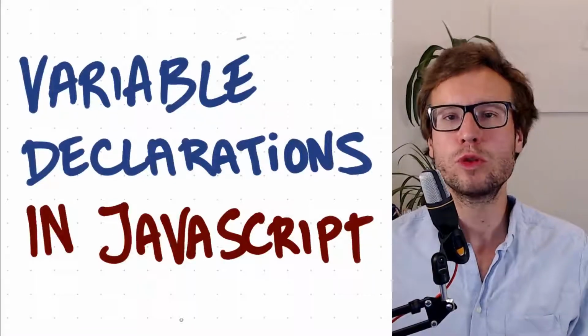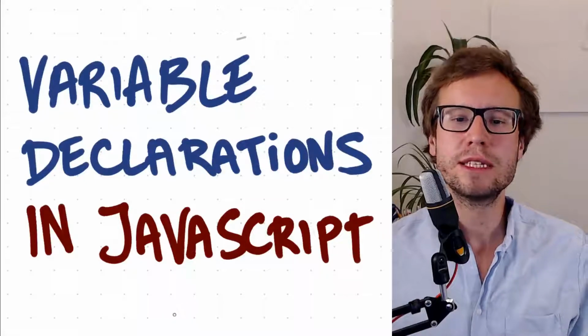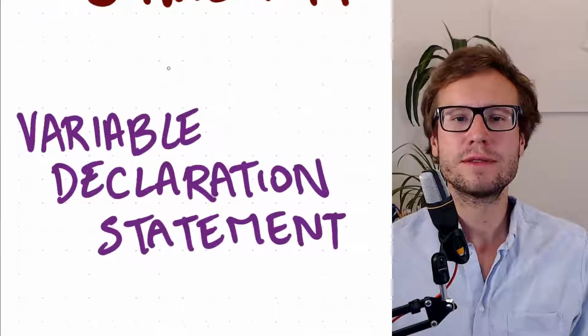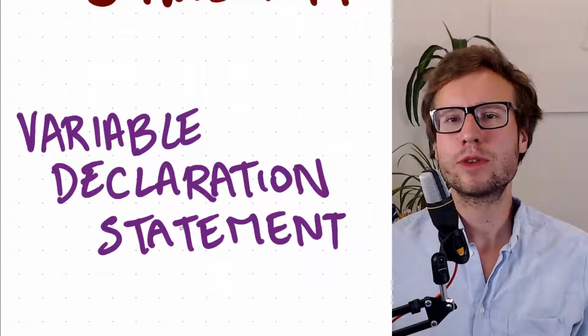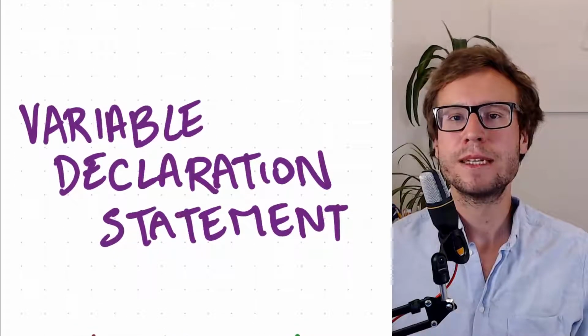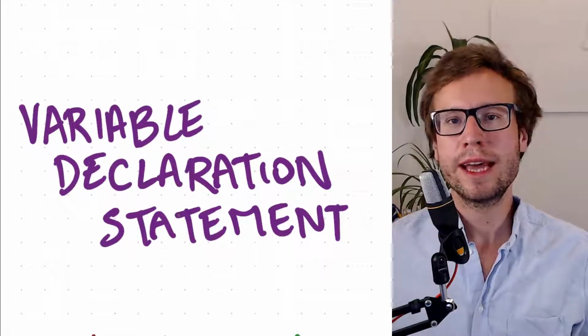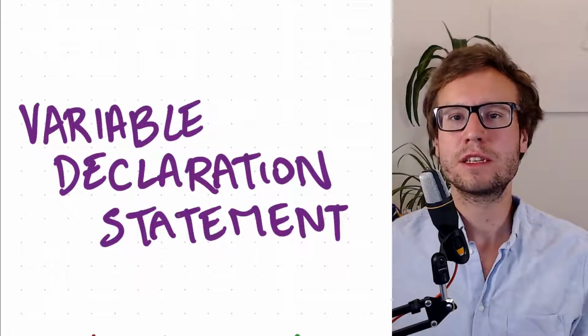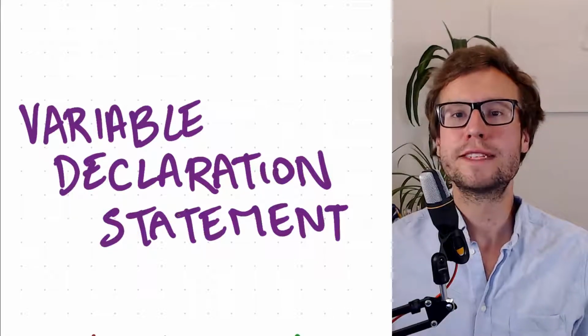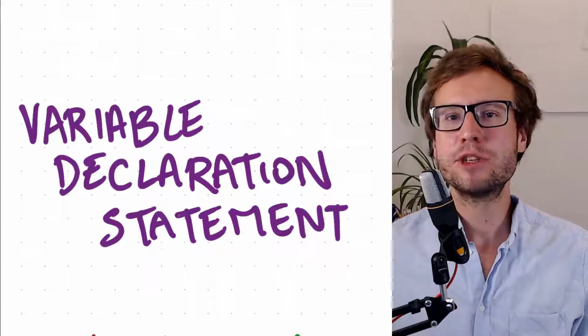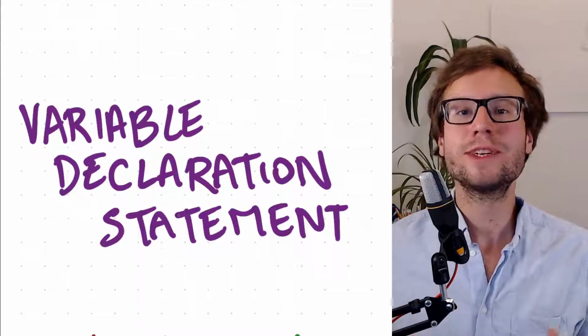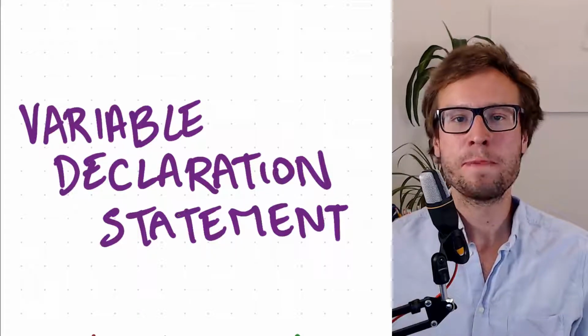So we're going to do a quick tour of what that really means. I want to start with a first thing. Variable declarations are statements. Now, a statement is a piece of code, and a program in JavaScript is composed of some number of statements. Now, I bring this up just to make the distinction that there's a difference between statements and expressions.